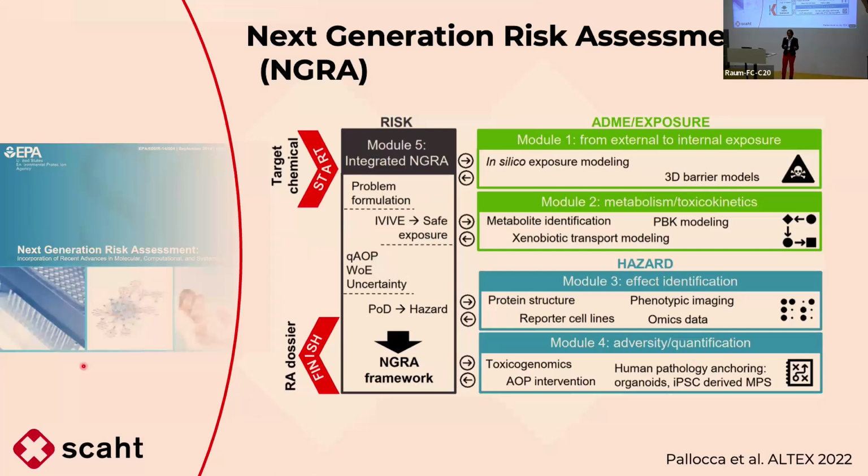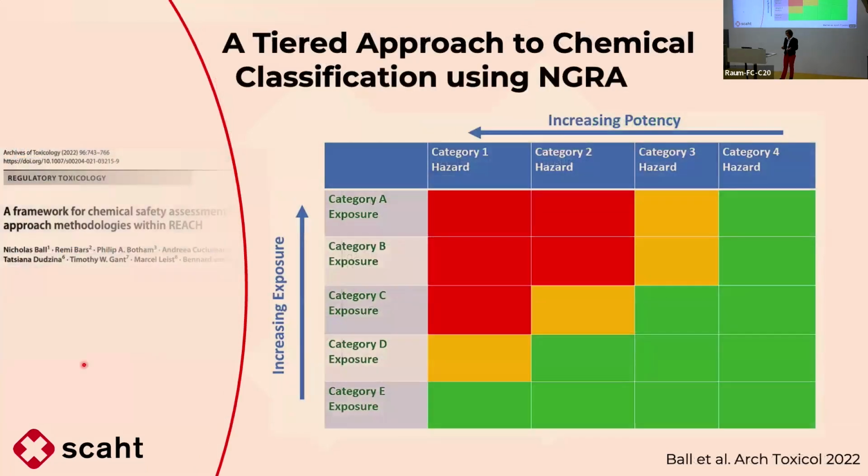But in the end, to fulfill the regulation how it is right now, you would have to do this for each of these endpoints that I showed you in the beginning, you know, the slide with the dead rats and stuff. So for all these endpoints, you need this information. So that means you have to follow the scheme for each of these endpoints. But that enables you to come up also with hazard classes.